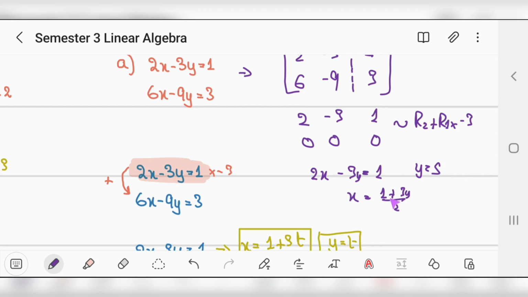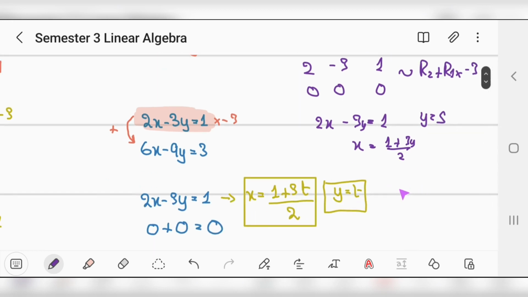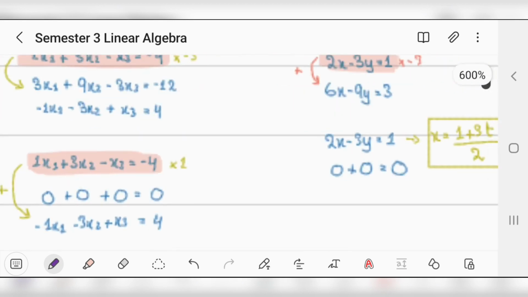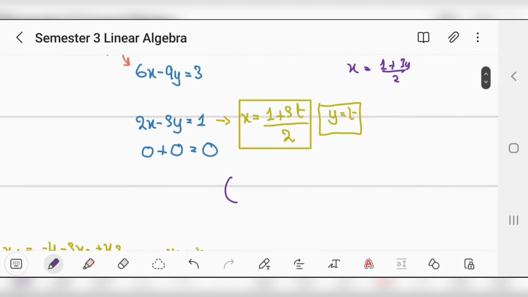So this would become s. X becomes like I've done here, I've made x the subject. I've taken the parametric variable t, and this becomes t. And then if I want to write down the answer, it would be in this form, x and y is equal to 1 plus 3t upon 2, and then we have t. This is the answer.